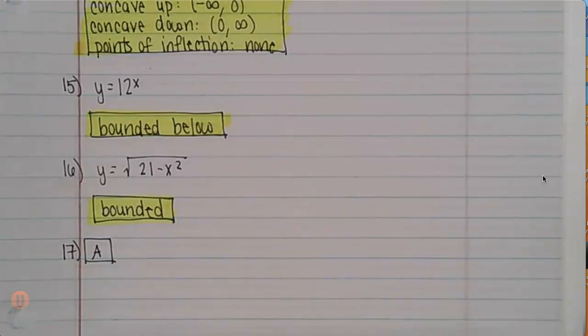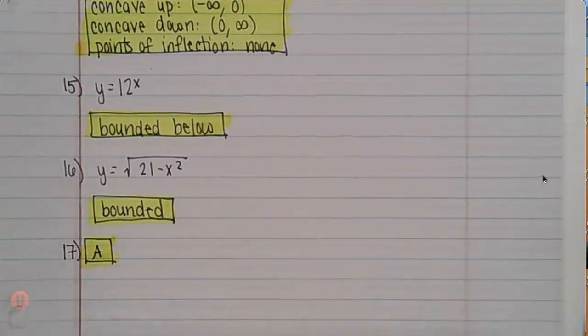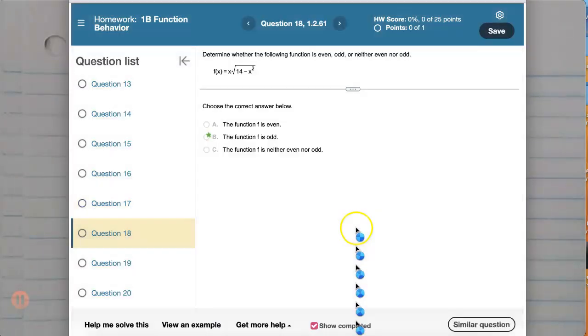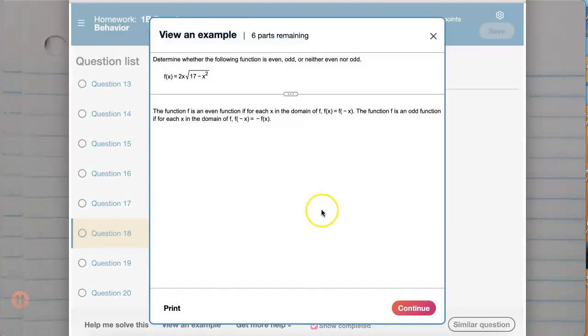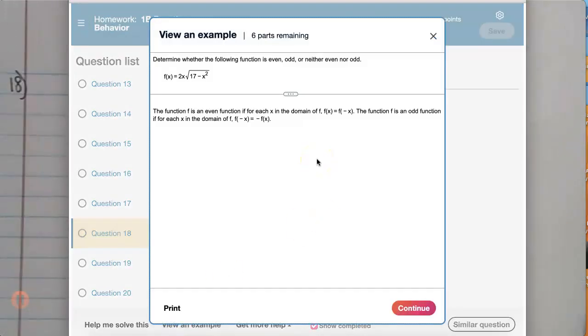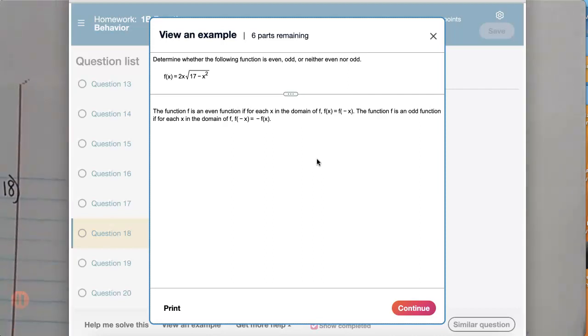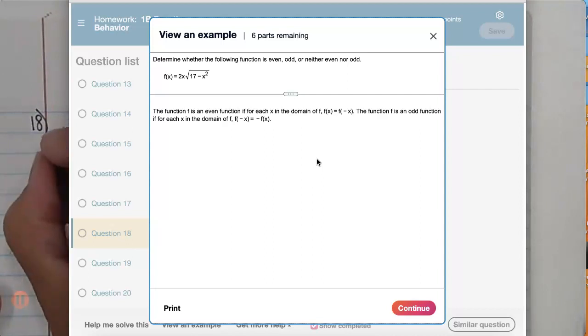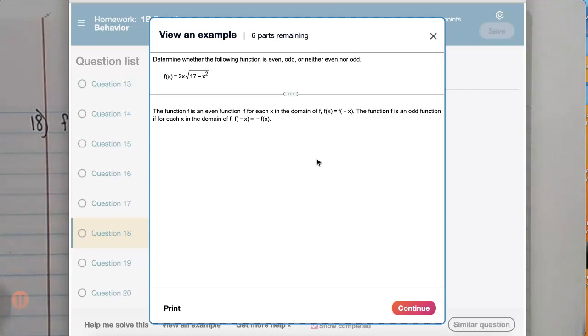Okay, I'm going to go on to another page for number 18. Determine whether the following function is even, odd, or neither. Let's write it down. f of x equals 2x root 17 minus x squared.